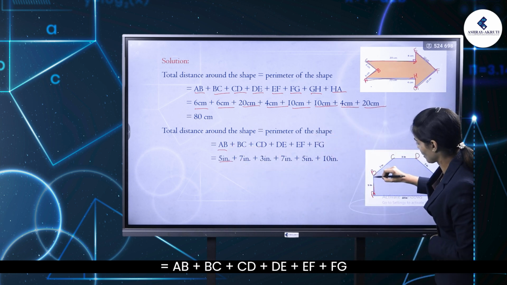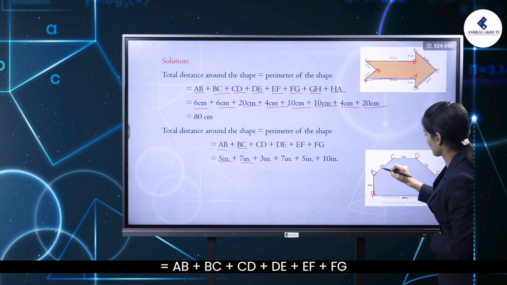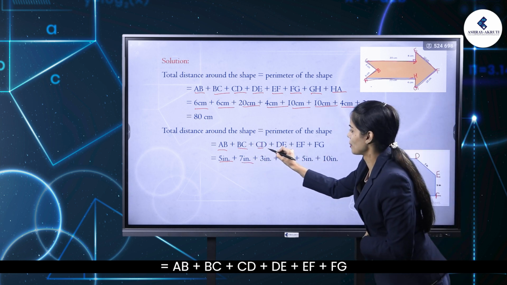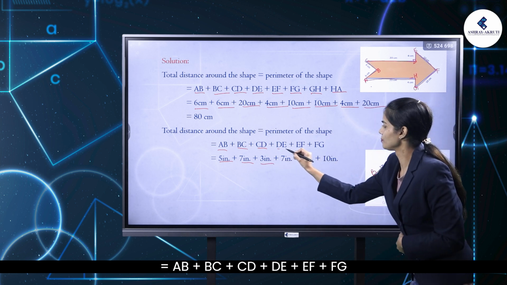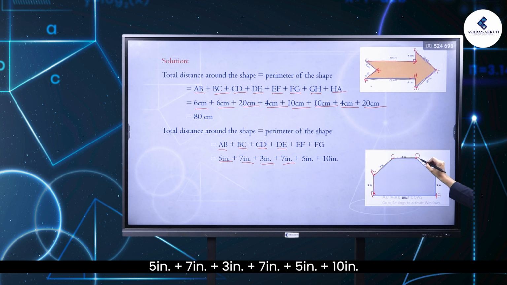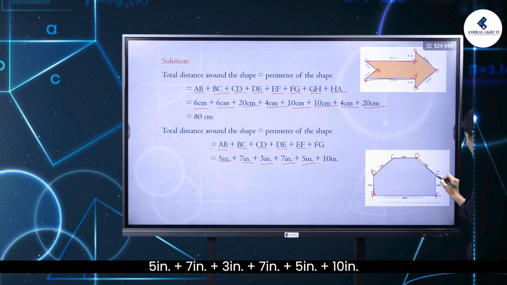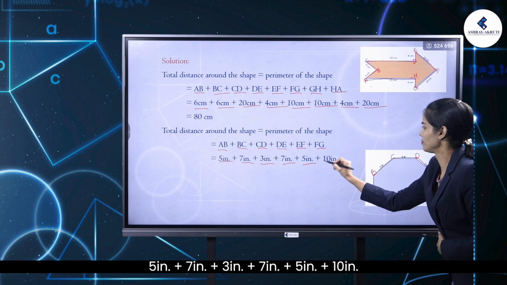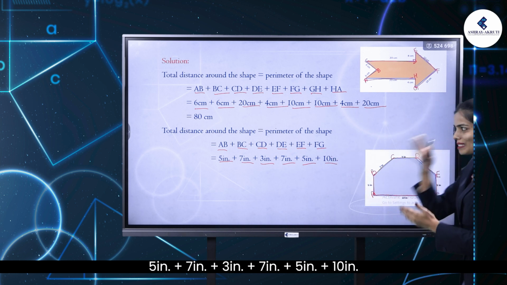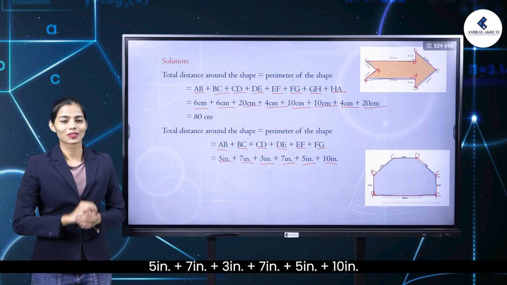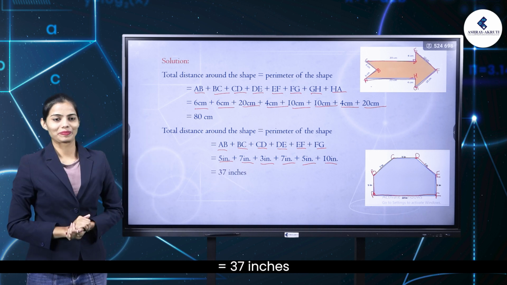AB plus BC plus CD plus DE plus EF plus FG is equal to 5 inches plus 7 inches plus 3 inches plus 7 inches plus 5 inches plus 10 inches. By adding, we get 37 inches.